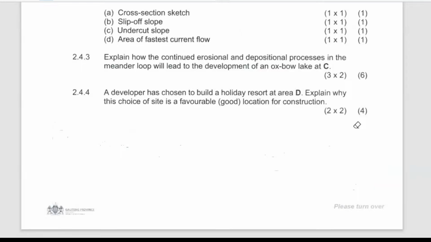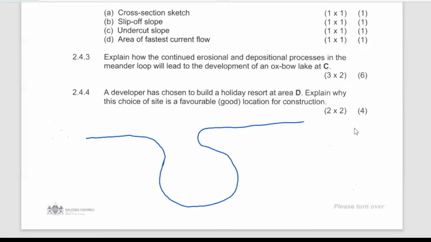We are saying in this situation, we are having a meander, and that meander is giving us a meander loop, or a meander neck. If this is our meander, and our meander is appearing again on either side, our stream is having this shape, something like that.